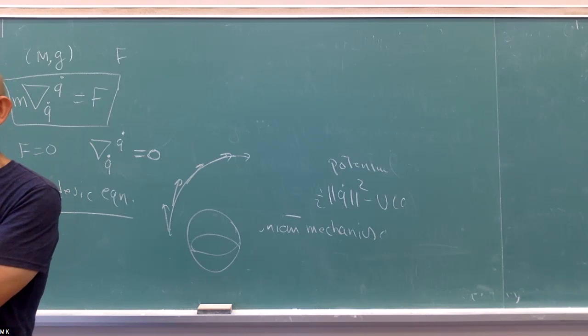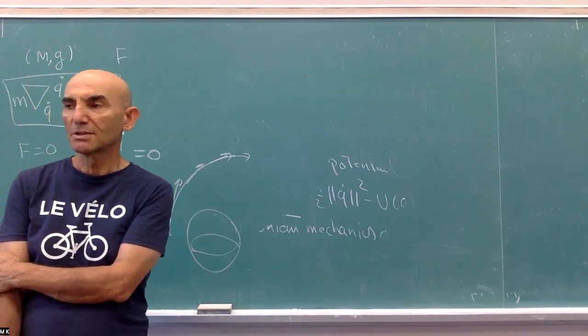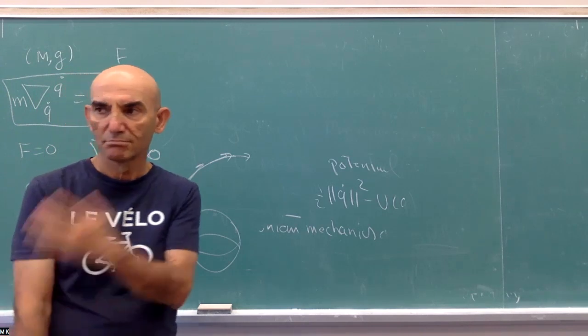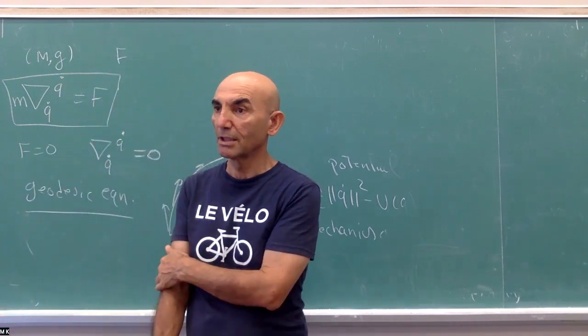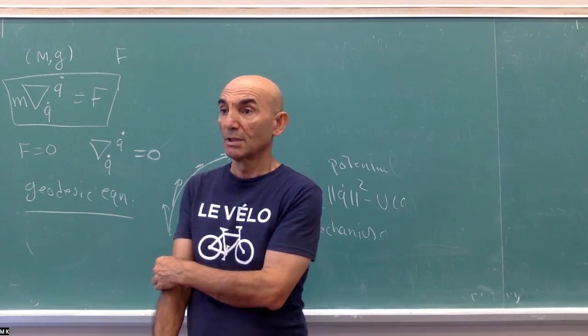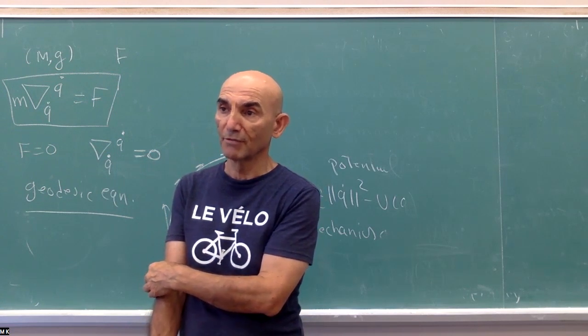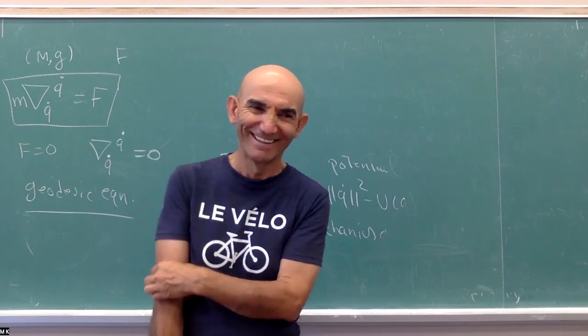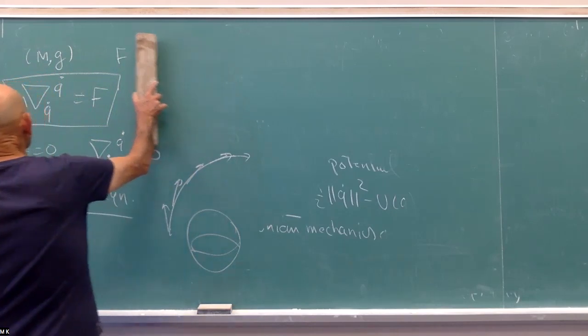I'm pretty sure people have written about that. So this is mechanics in the presence of a connection, not a metric. Then you can also introduce torsion. It might be interesting to see what the effect of torsion is, what the physical meaning of torsion is.